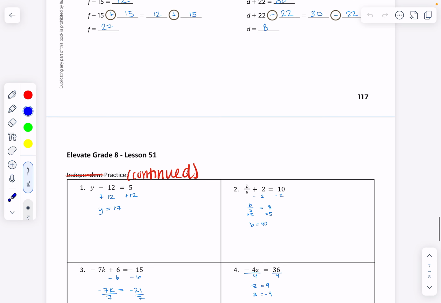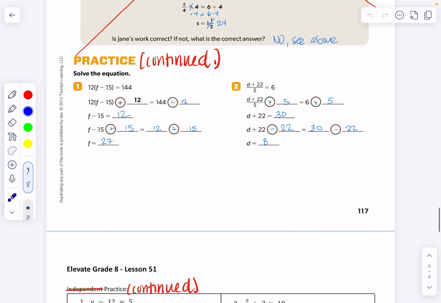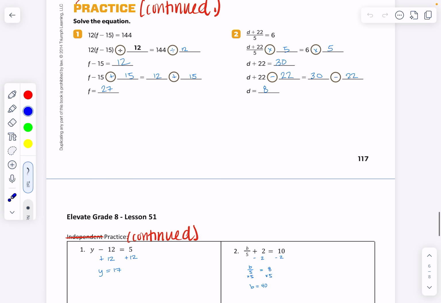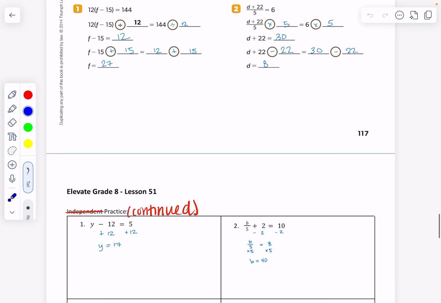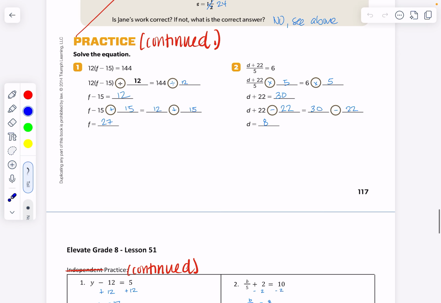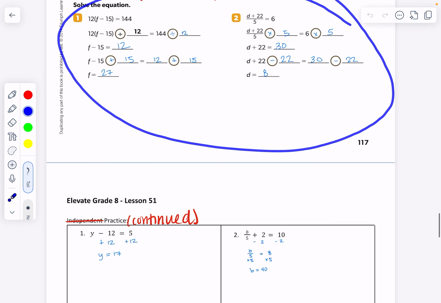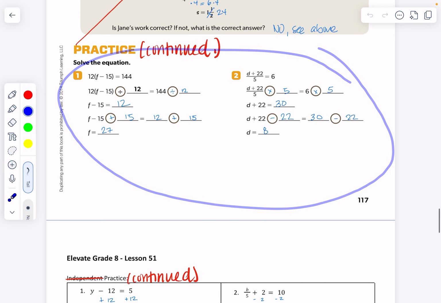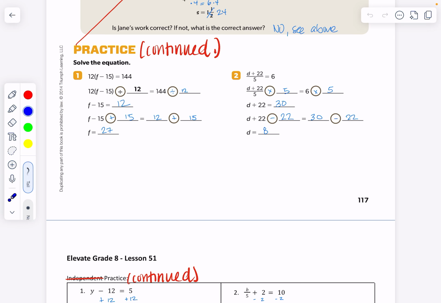However, when it comes to this latter half of the practice, this is where they start to see those two-step equations, particularly in these two questions. Students may struggle. Students will have to highlight the distributive property first before they're able to do anything else.